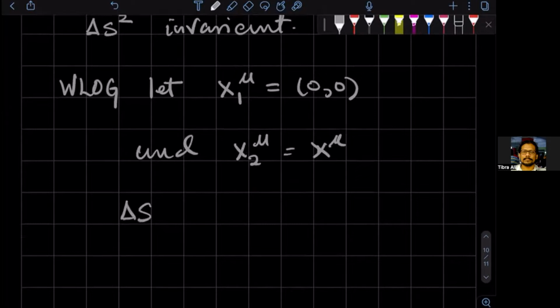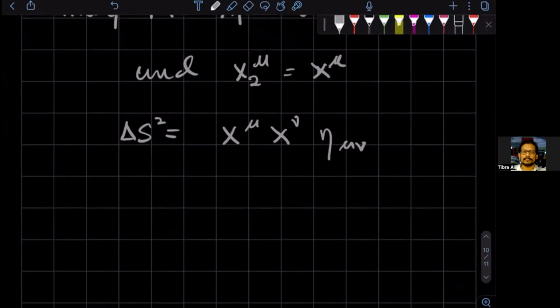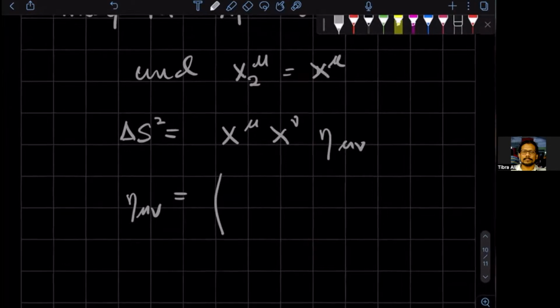Then delta S squared becomes x mu, x nu, eta mu nu. What is eta mu nu? Eta mu nu is a 2 by 2 matrix. It's actually a tensor, but here we are.